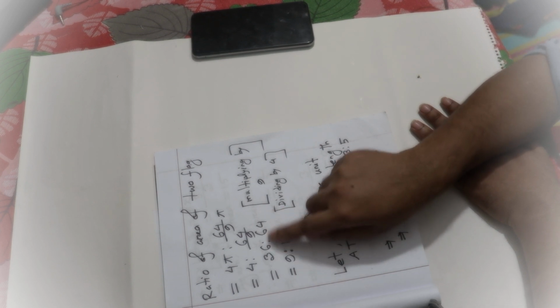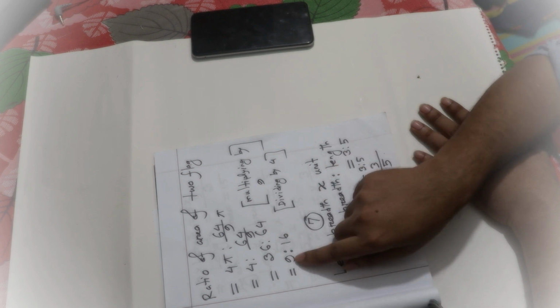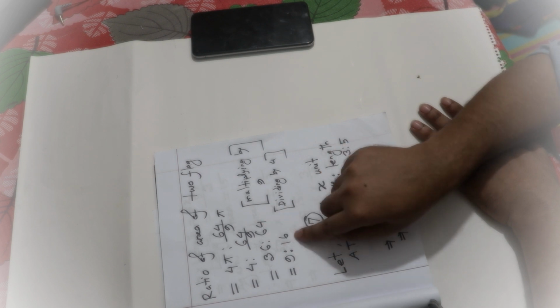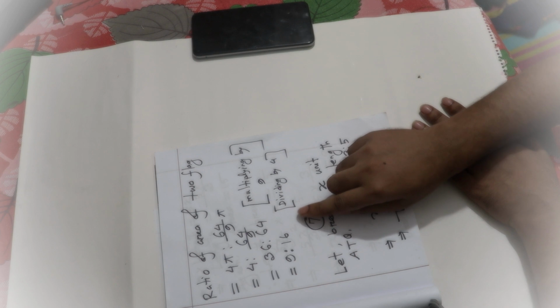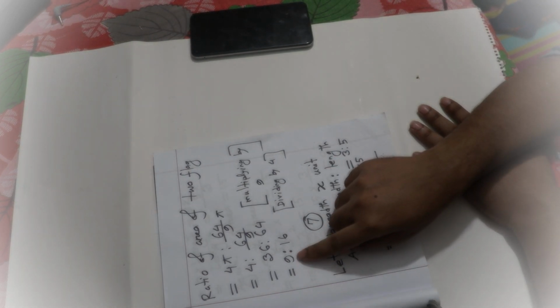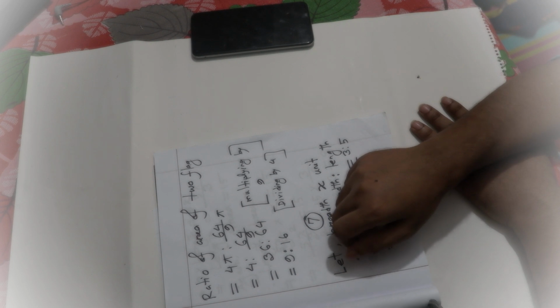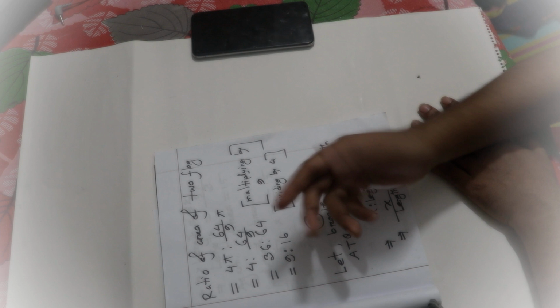Now if you divide these two by 4, 4 nines are 36, 4 sixteens are 64. That means here will be 9, here will be 16 after dividing by 4. So 9 ratio 16 is the ratio of the area of your flag and the new flag.